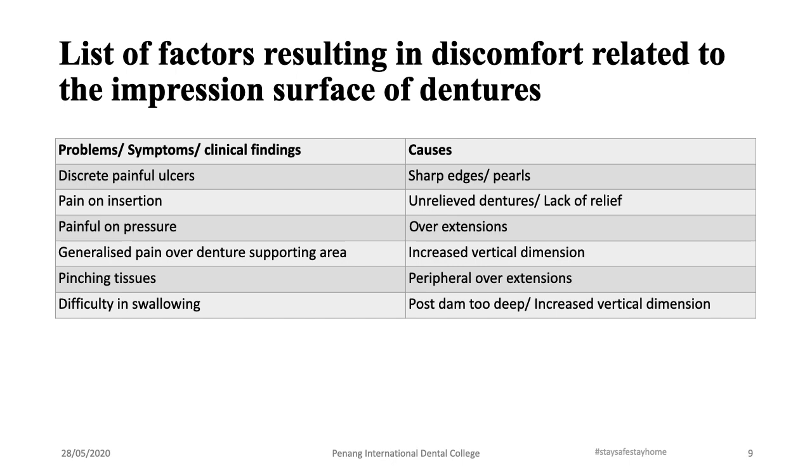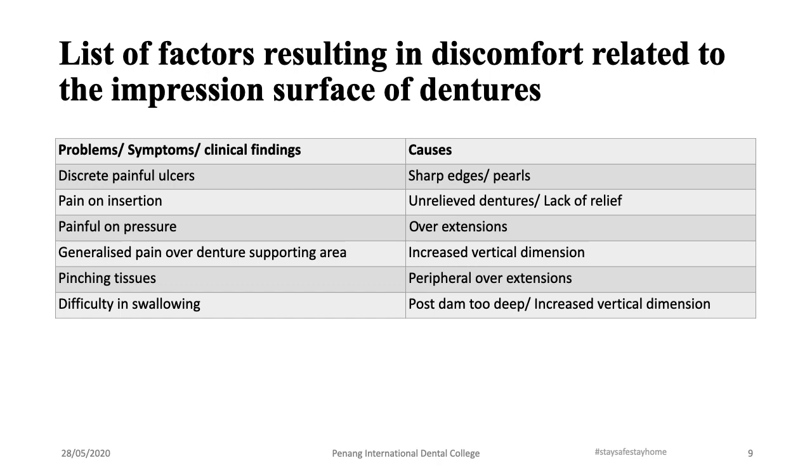Pain on pressure is due to overextensions. Sometimes if the flanges are overextended, when there is biting or any pressure, these flanges tend to push on the sulcus surfaces and cause impinging. So this is basically extension, and you just remove the overextended part. Next is generalized pain over the denture supporting area.